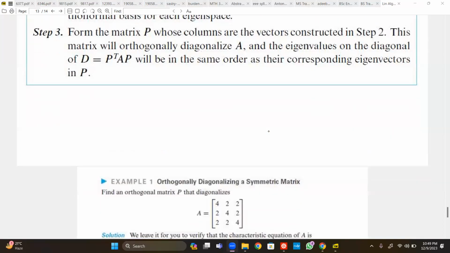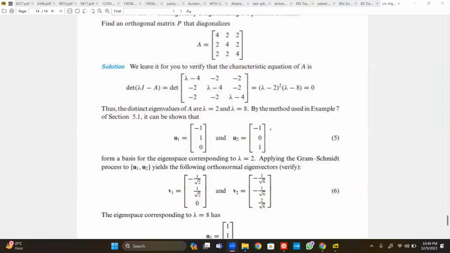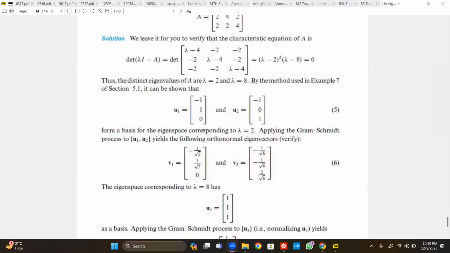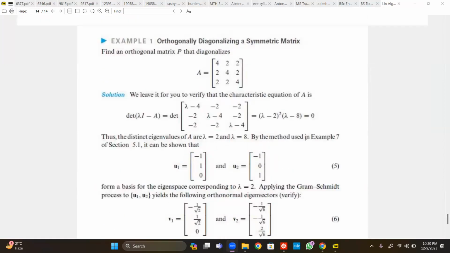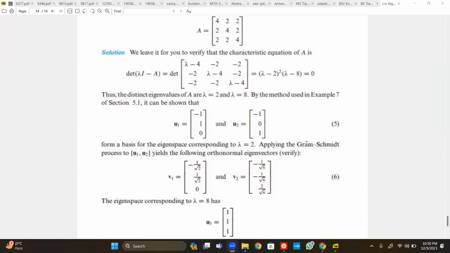The only difference is, in the earlier case, after finding all the eigenvectors, we applied the Gram-Schmidt process on them to find the P matrix. But in this case, not really the Gram-Schmidt process, right?